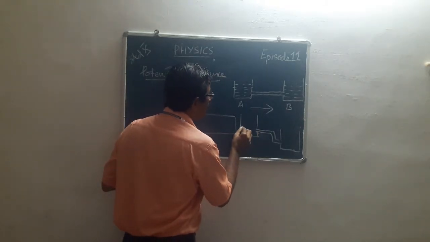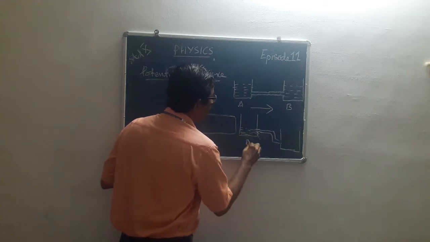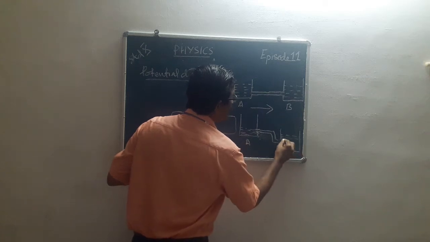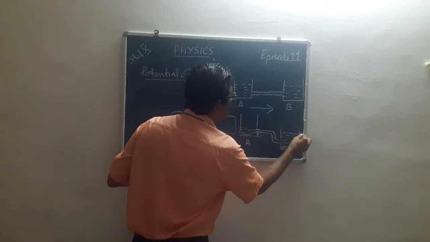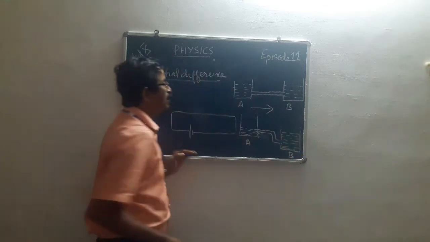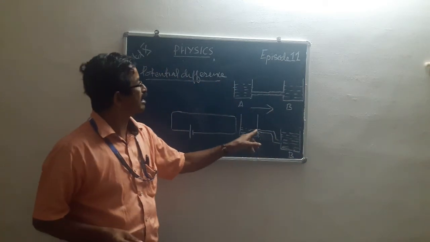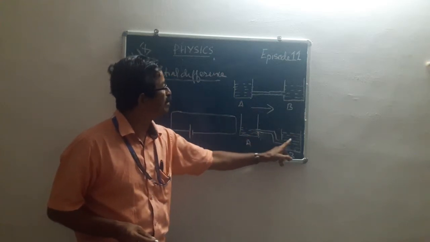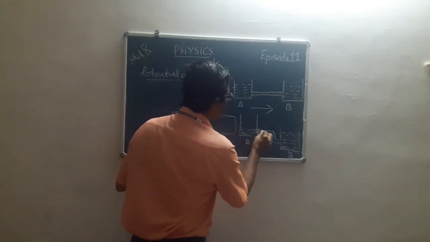The liquid from A flows and goes to B. Now, see, the height of the liquid in B becomes more, but the heights of these two are now the same, and from beaker A to beaker B, water has flowed.